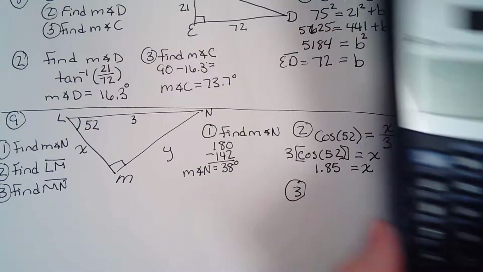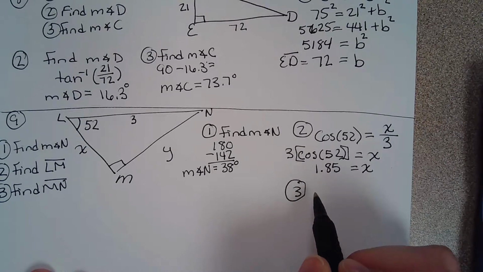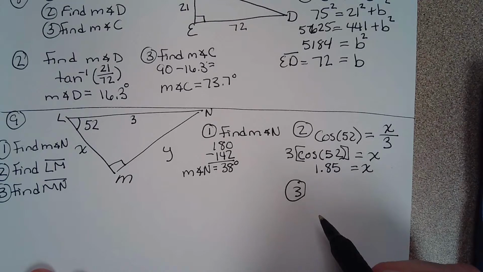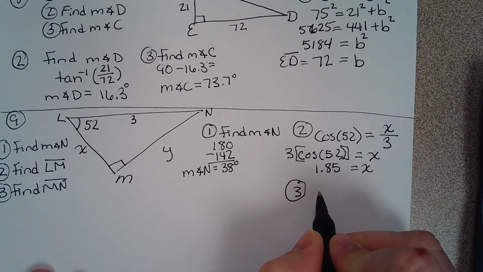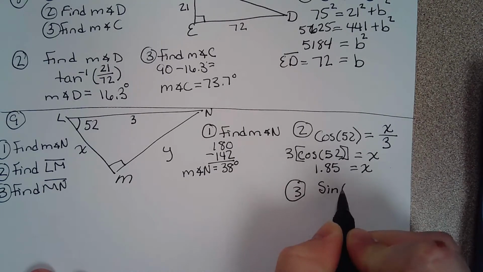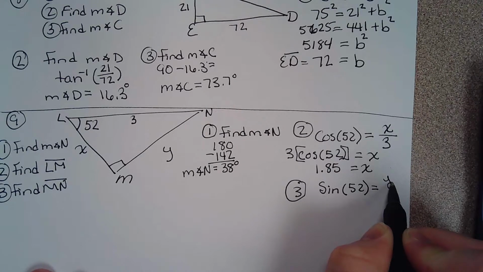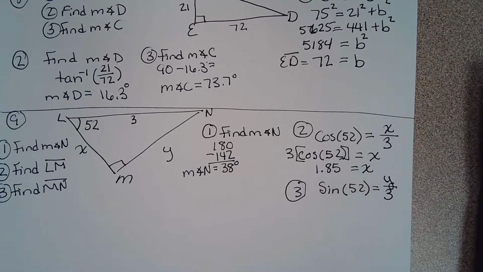Now, step 3 is going to be similar to this. Step 3 says find MN. Now that we have LM, we can use sine in this case. So for sine, we have sine 52 equals opposite, which is y, over hypotenuse. We are going to use sine because the 52 is across from the y, but it has a hypotenuse already labeled for us, which is 3.